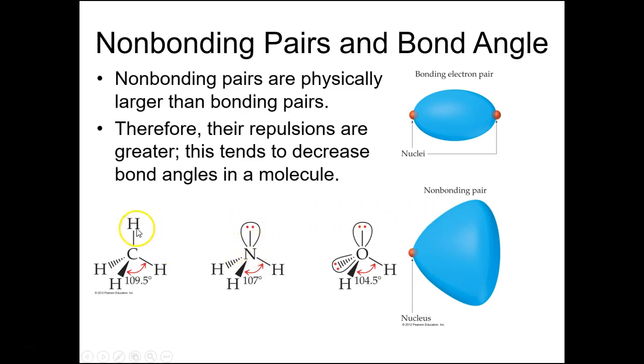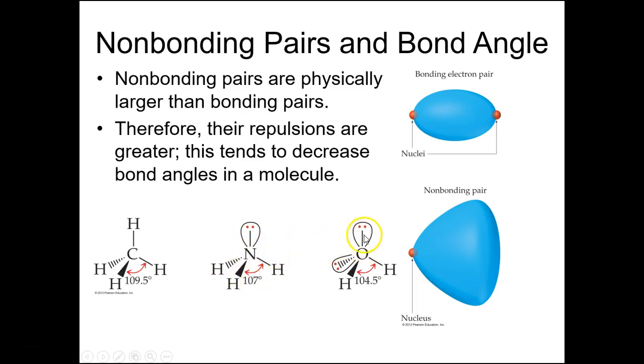And so if I take away a hydrogen and replace it with a non-bonding pair like I have in ammonia, that actually squeezes down these bond angles. This HNH is now 107 degrees, not 109.5, because this non-bonding domain is larger than these other three domains, and it pushes the other three domains closer to each other.